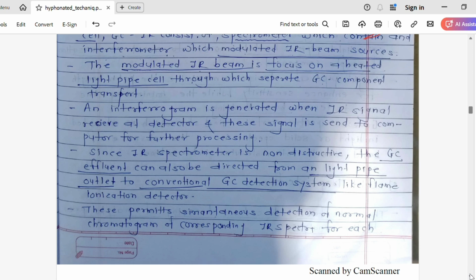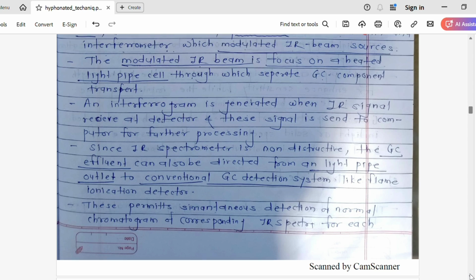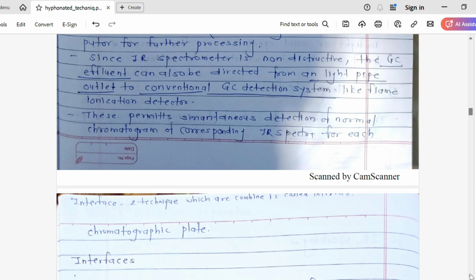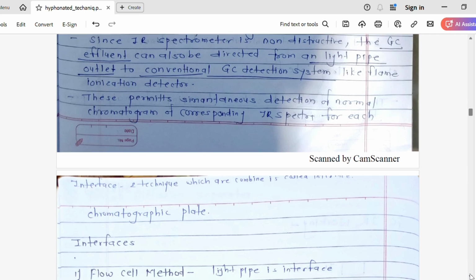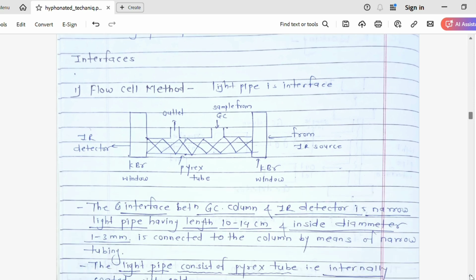An interferogram is generated when the IR signal is received by the detector, and this signal is sent to a computer for further processing. Since the IR spectrometer is non-destructive, the GC effluent can also be directed from the light pipe outlet to a conventional GC detection system like a flame ionization detector. This permits simultaneous detection of the normal chromatogram and the corresponding IR spectra for each compound.